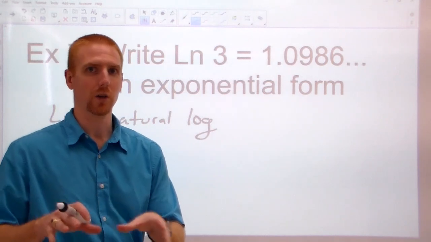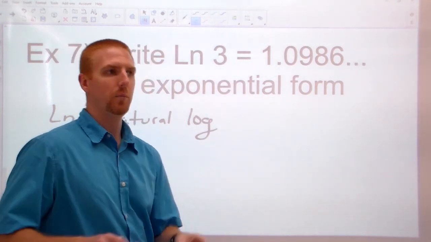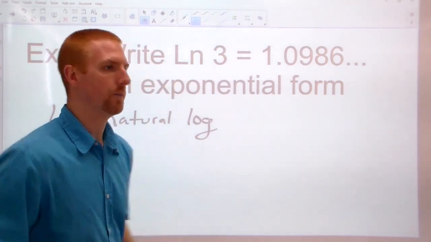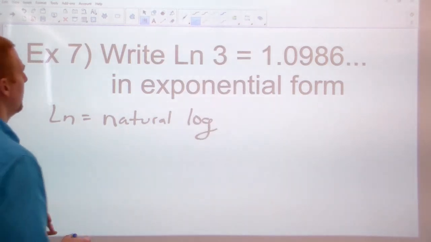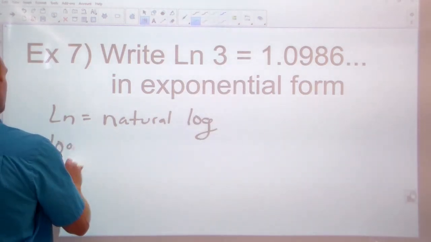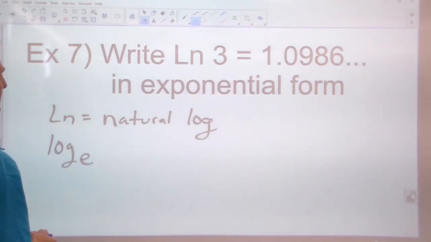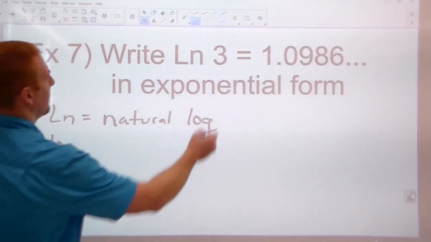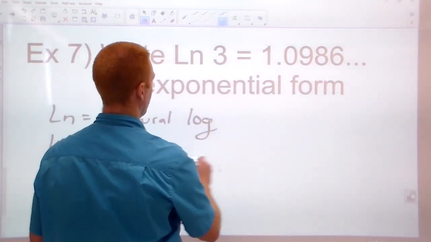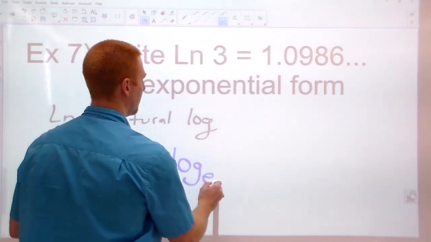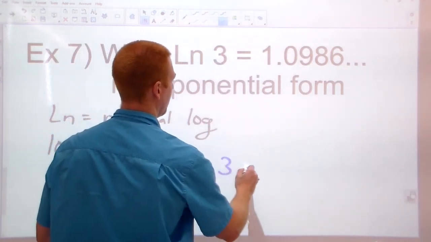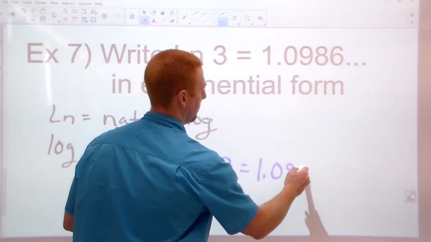The common log, you don't even deal with that most of the time because this shows up so much. So anyway, when you see ln, what that means is log base e. So to rewrite this, you're really saying log base e of 3 is that number right there.